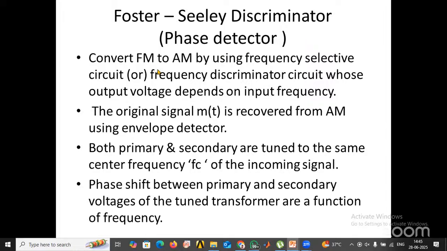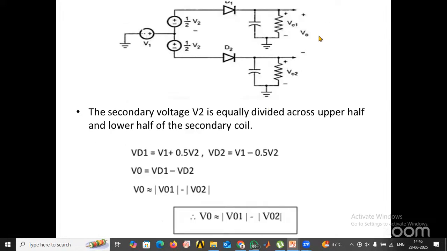So here also they are using the same principle, converting FM into AM and using frequency selective networks. In this case, instead of using a single transformer, they separately use those circuits and modify the same circuit, so that the interdependency is avoided, hence the phase variations are preserved and the output will be like a modulated output.